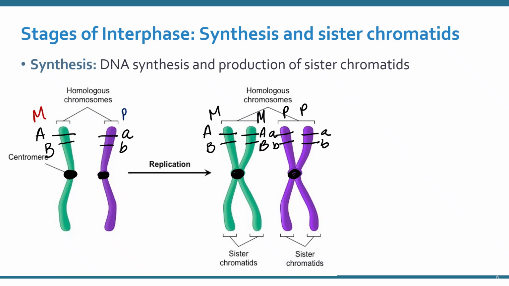So we've got our chromosomes here ready to go. On the left, we've got homologous chromosomes. On the right, we've also got homologous chromosomes. They are just in their sister chromatid form.